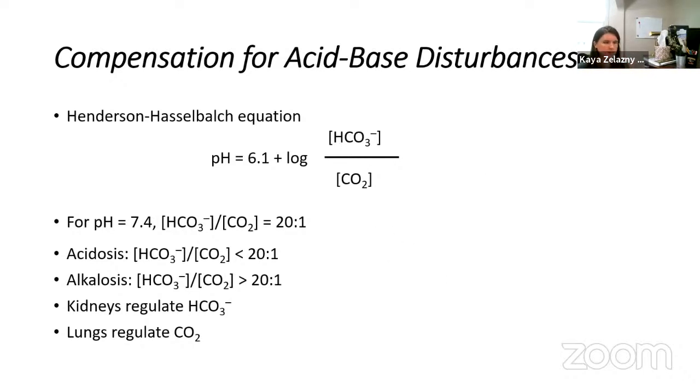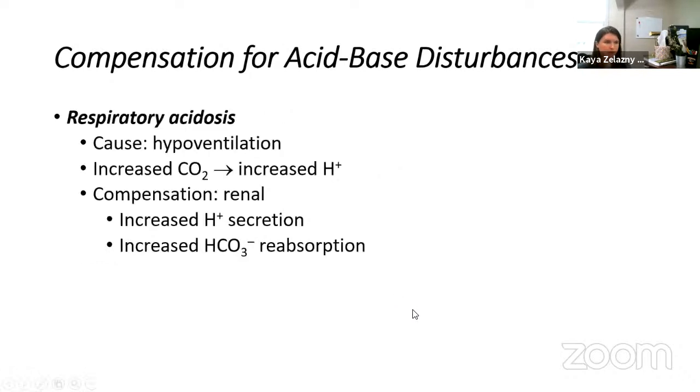Because we can fix this problem by altering either bicarbonate concentrations or carbon dioxide concentrations. So we have two options, and different options are going to be appropriate depending on where in the body we have a problem.